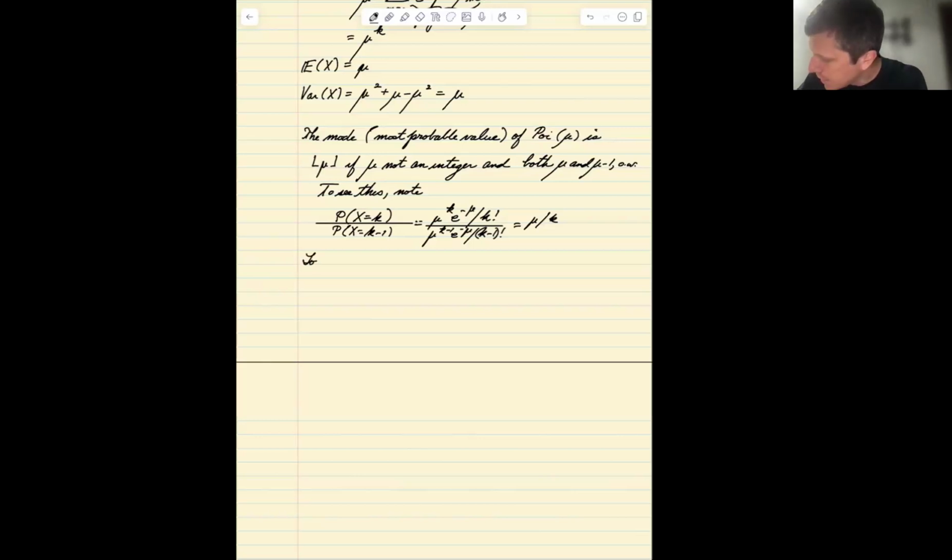For j in the positive integers, we know that the probability that x is at least j is at most mu to the j over j factorial. Well, how do we see this?